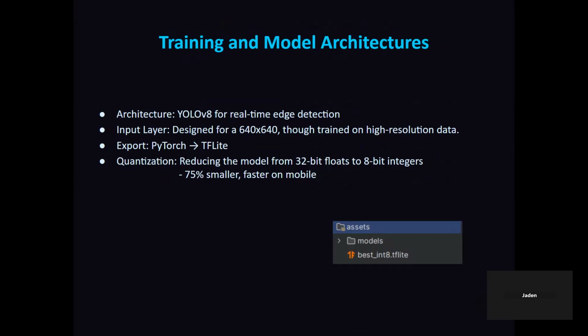many different nuances here. Going on and moving forward to the training and model architecture, I used GLOVA for real-time edge detection. Offloading a lot of this compute power to the user is really the way to go, because when you're not at Microsoft and you don't have a million computers, you do kind of have a million computers depending on how many users you have.